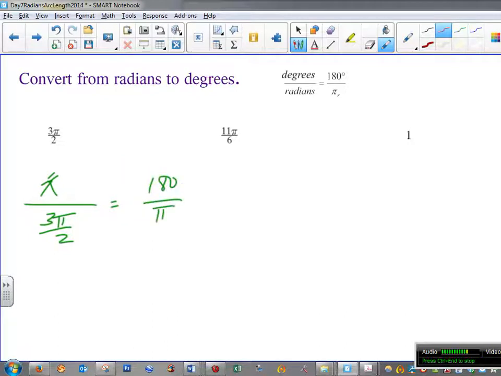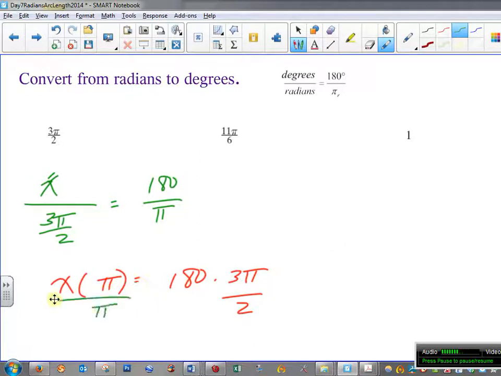It's time to cross multiply. X times pi is equal to 180 times 3 pi over 2. I'm going to end up dividing both sides by pi, which means I can put the pi down here in this fraction. This cancels out, x equals, and now the pi on top cancels with the pi on the bottom.